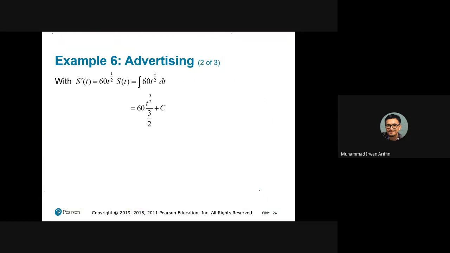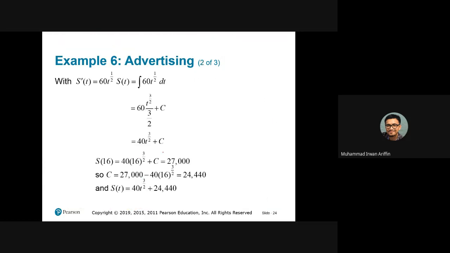Okay, this is simply what we have done before. This is the general integrated function of s'(t). This is the original function, but we have the capital C here. We use the additional information that after 16 days, s(t) equals 27,000 listeners. We simply substitute t with 16, and then we can solve for C, where our C is now 24,440.